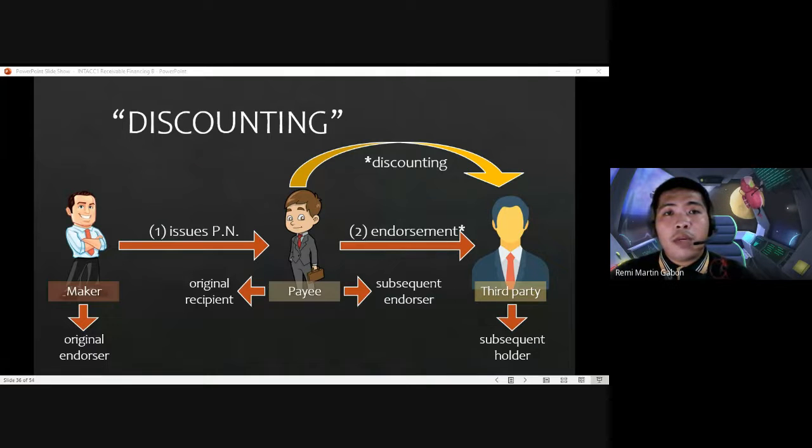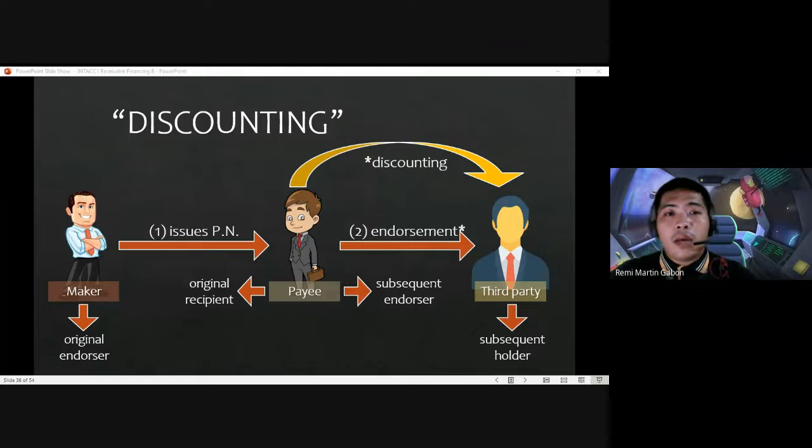The only thing with discounting of promissory notes is that the payee is somewhat impatient. The payee is no longer waiting for the maturity date before generating additional cash inflows. So when the payee is in dire need of additional cash flows, the payee will discount the promissory note by endorsing it to a third party.